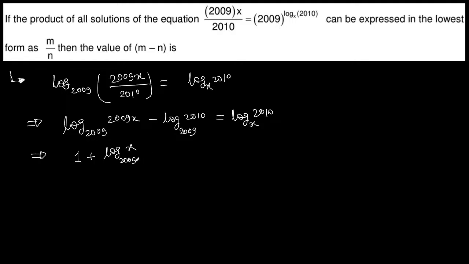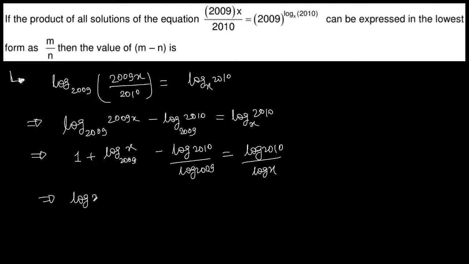We'll go slowly and gradually. Okay, this is log 2010 upon log 2009. This is log 2010 upon log x. So we'll form a quadratic in log x. This is what we can do. So we are getting log 2009.